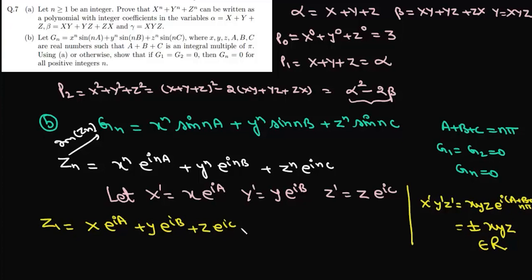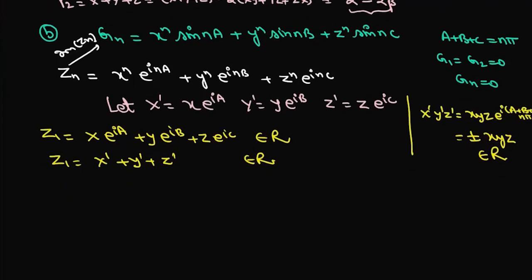That means its imaginary part is 0. So this z1 belongs to R. So this z1 is x dash plus y dash plus z dash, and it is a real number.